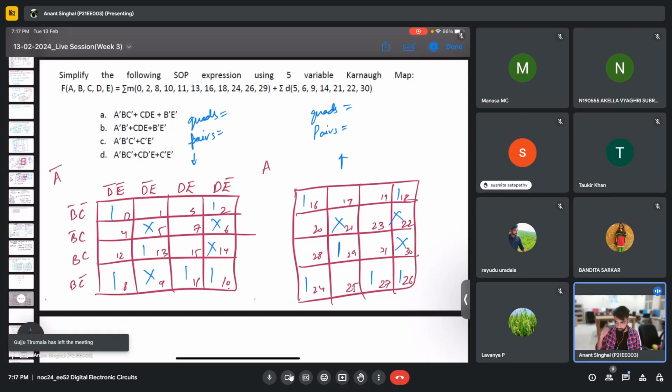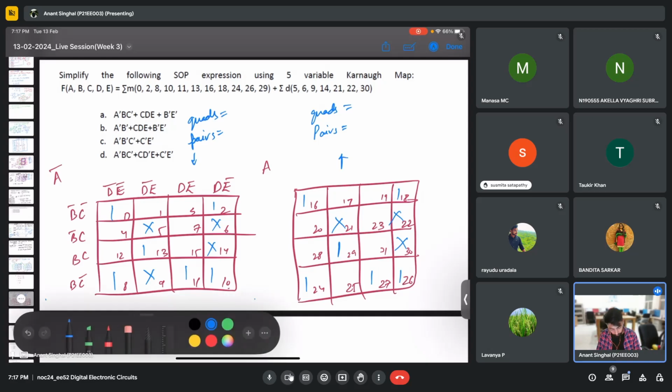Thank you for the clarification. So what are the quads and pairs in the first box? Let me try the same. Any answer? Should I solve?